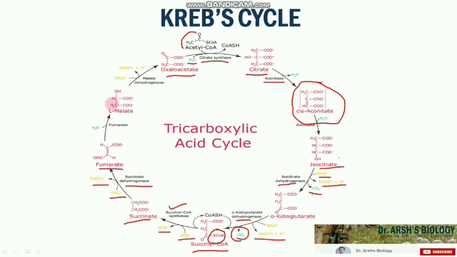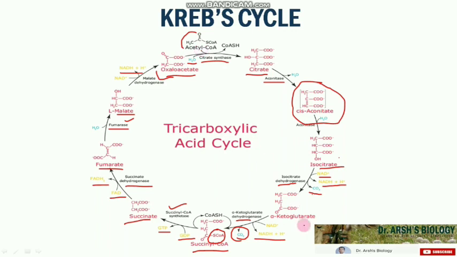Now the fumarate is converted into malate by the addition of one water molecule by the enzyme fumarase, which is a lyase enzyme. As a result, malate is formed. Now this malate undergoes a dehydrogenation process, a redox reaction, or we can say an oxidation process, and as a result NADH plus H plus is released with the retrieval of oxaloacetic acid, which was first combined with acetyl coenzyme A.